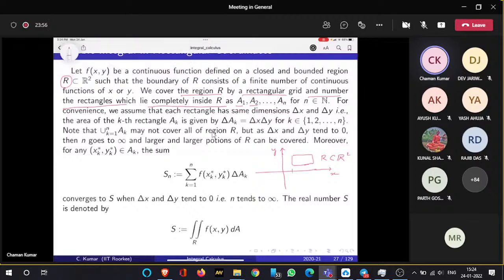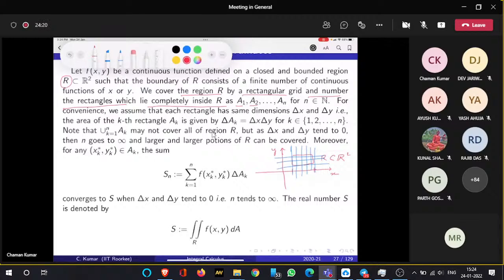Identify this point. You draw a line parallel to the x-axis so that it passes through the region, and then draw a line parallel to the y-axis so that it passes through the region. So all these are rectangles. This is a rectangle, this shaded region.